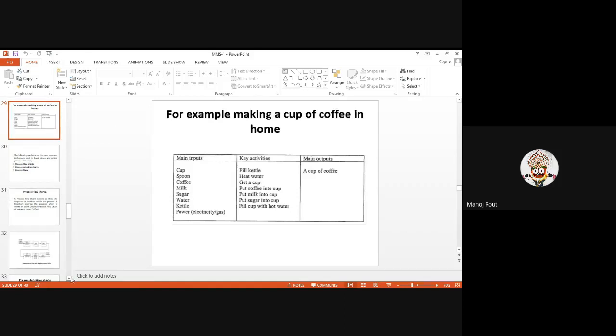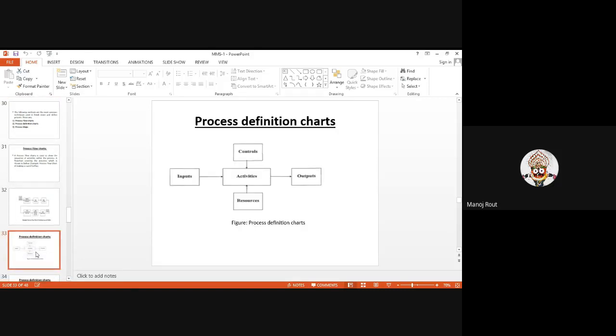Now going to the controls. That means you have to check the water level in the kettle, then the arrangement of the number of cups, then pouring the exact amount of sugar and milk. These are the things which should be controlled.